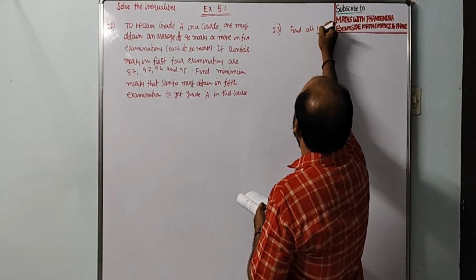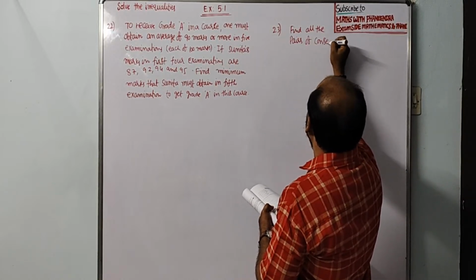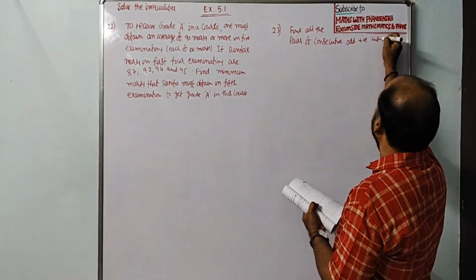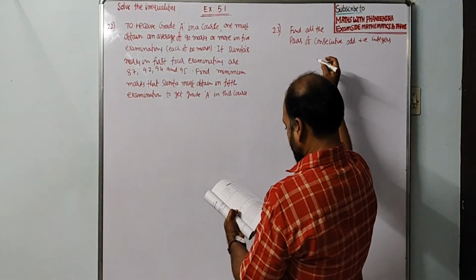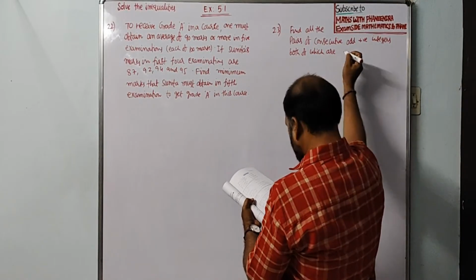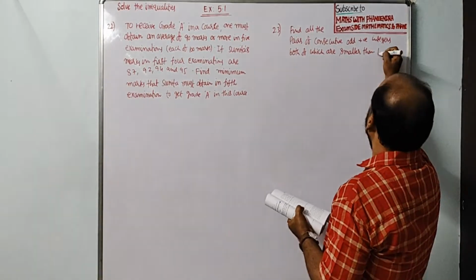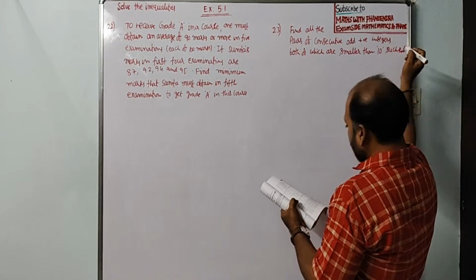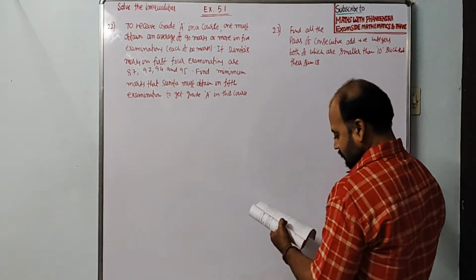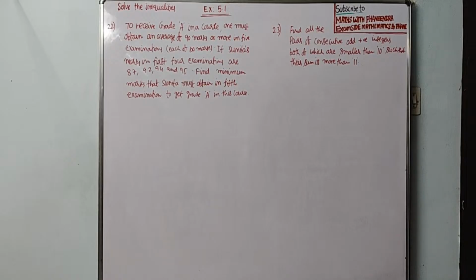Find all the pairs of consecutive odd positive integers, both of them smaller than 10, such that their sum is more than 11. This is the question. We will do it.